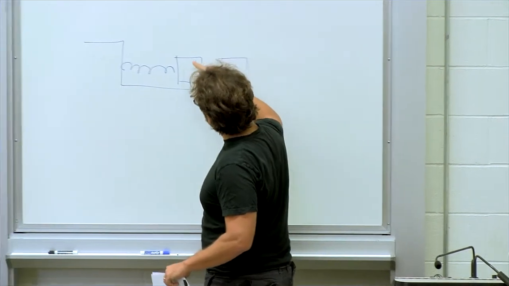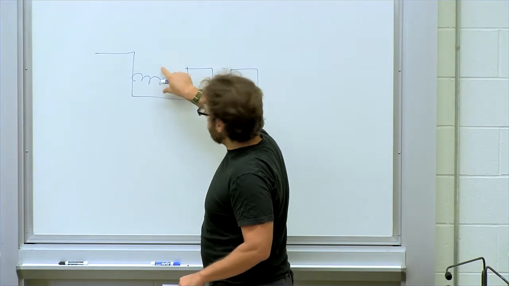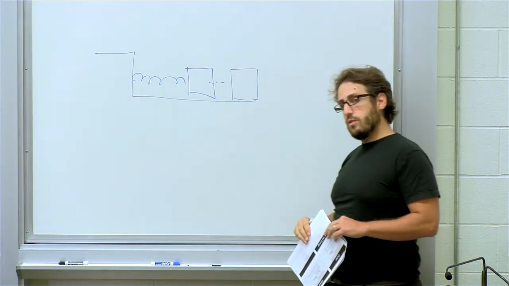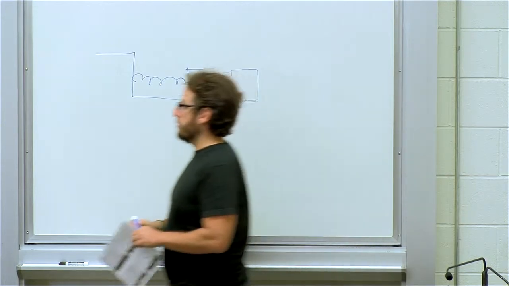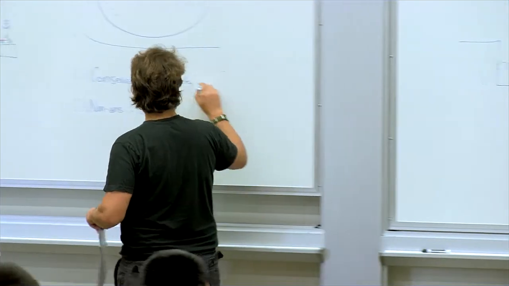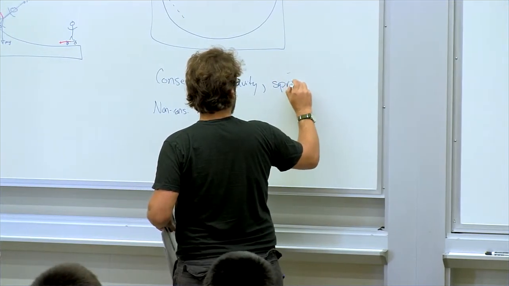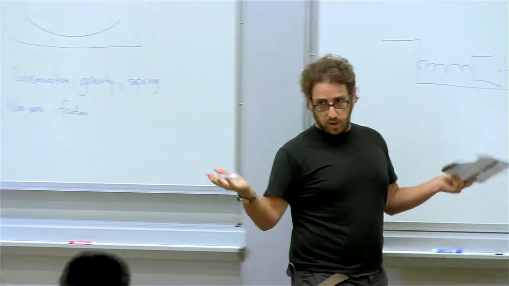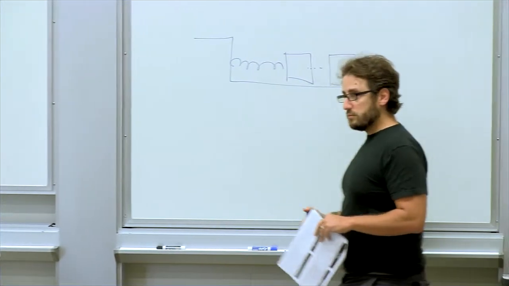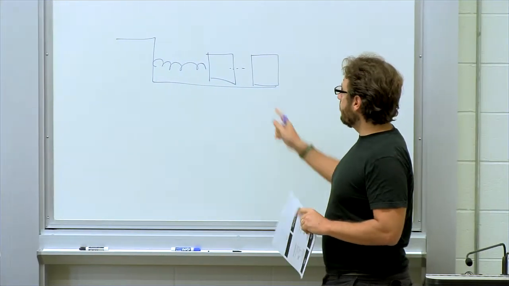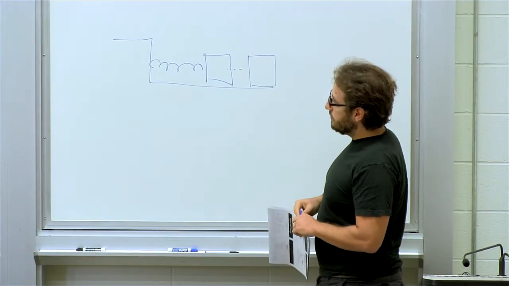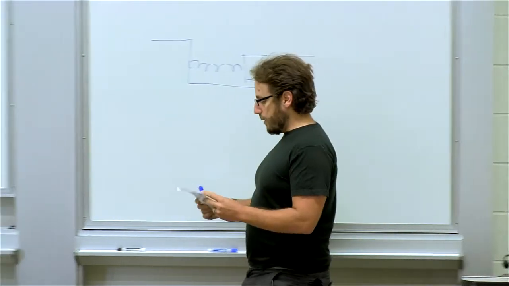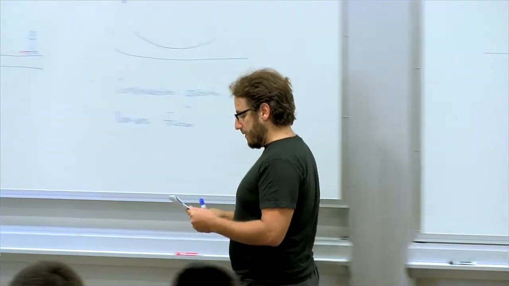The potential energy is turned into kinetic energy, but then it's turned back into potential energy. So there's no loss of energy here. So the spring force is also a conservative force. If you have a system with just a spring force and kinetic energy, there's no loss of energy. The spring force, similarly, depends only on the position, right?